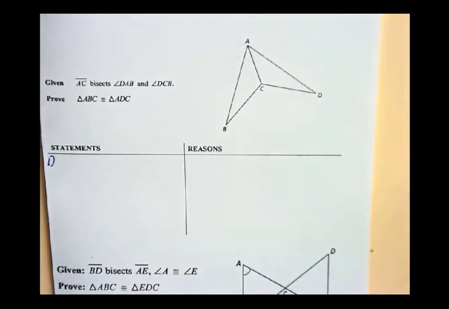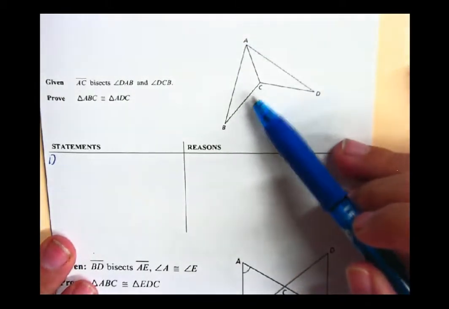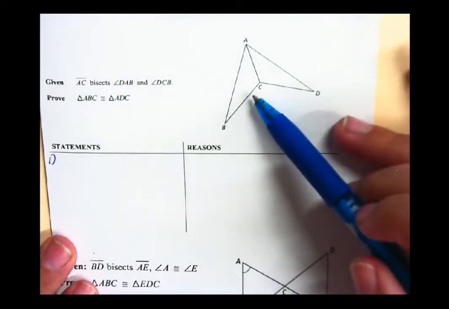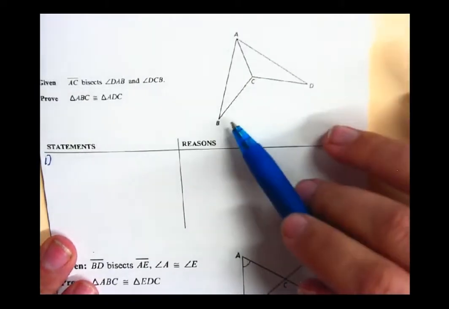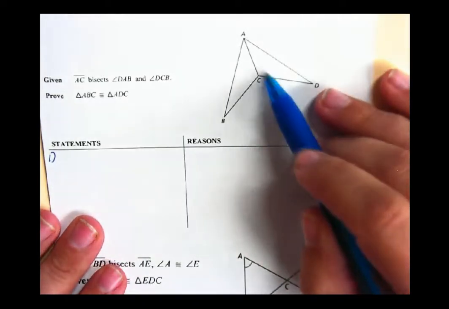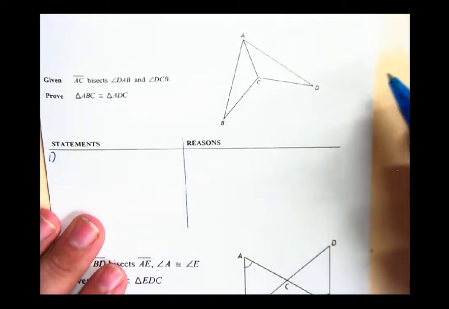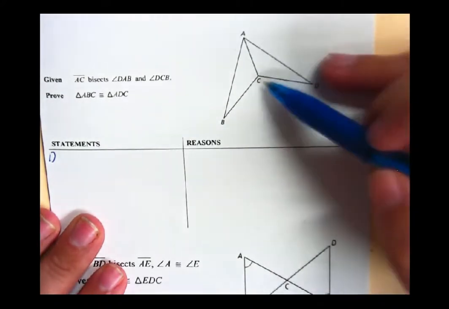On this next one, we are given that segment AC bisects angle DAB, and it also bisects angle DCB. Alright, so it's going to bisect this angle, it's bisecting, looks like this reflex angle here. And we want to prove triangle ABC is congruent to triangle ADC.